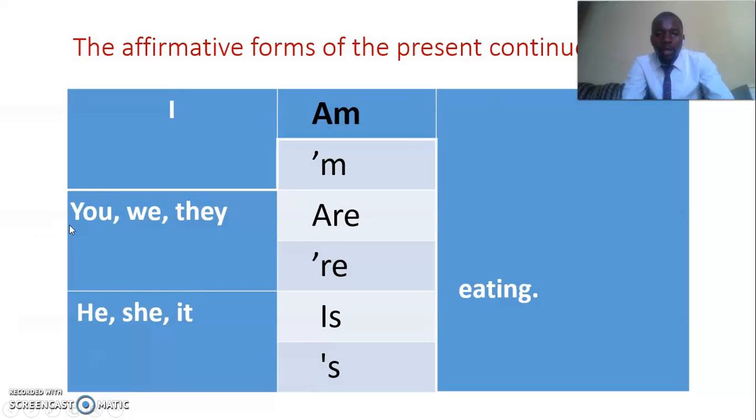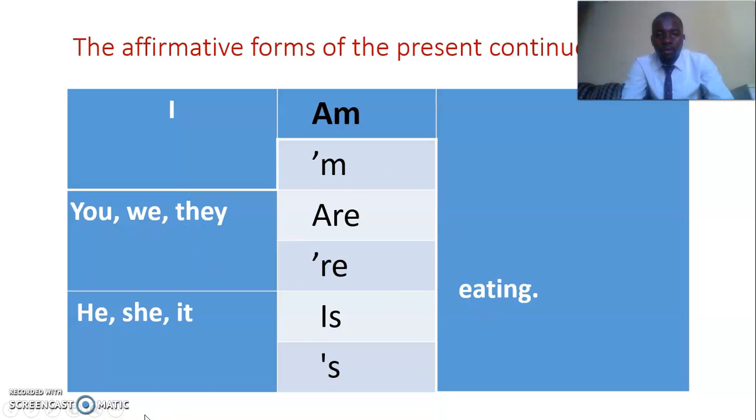From there again we have you, we, and they. These pronouns have a form in common. That form of to be is are. So: you are eating, we are eating, or they are eating.